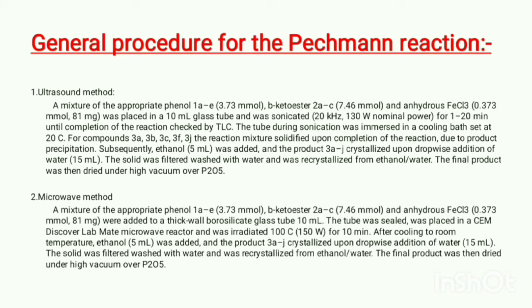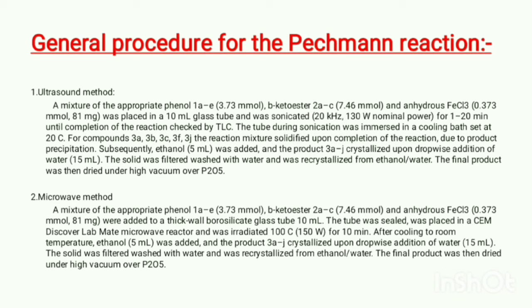General procedures for the Pechmann reactions. First is the ultrasound method. A mixture of appropriate phenol, beta-ketoester and anhydrous FeCl3 was placed in a 10 ml glass tube and was sonicated for 1 to 20 minutes until completion of the reaction, checked by TLC. The tube during sonication was immersed in a cooling bath set at 20 degrees Celsius.